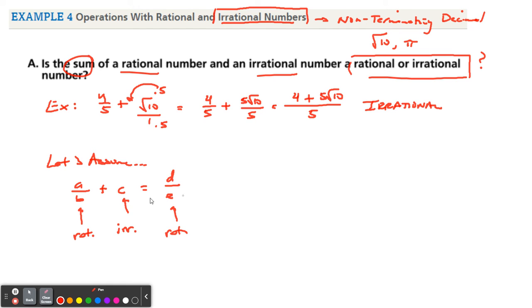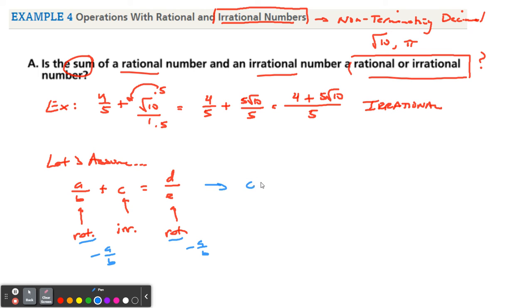Well, what we can do here is isolate this irrational number by subtracting A over B on both sides. So in a sense, we're going to combine the two rational numbers using subtraction.